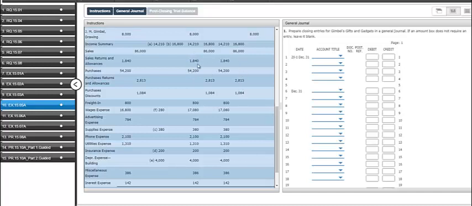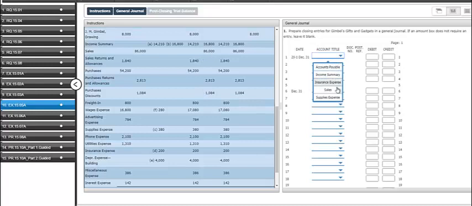a credit balance. Now we're going to ignore income summary. So our 3 accounts with credit balances are sales, purchase returns and allowances, and purchase discounts. Since they have credit balances, in order to close them, we're going to debit the account for their balances.